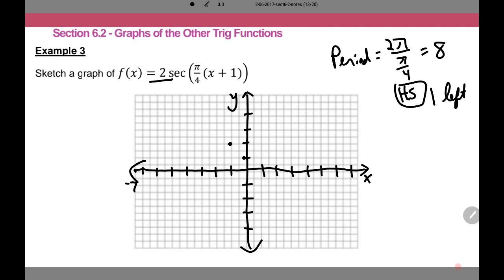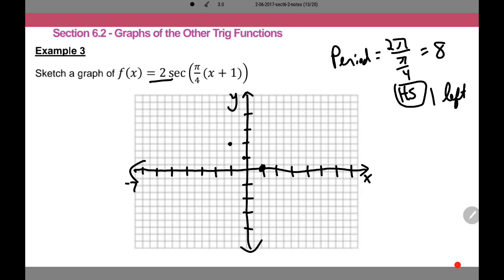Alright, and then when I get to 0, normally I would be at 1. Normally at 1, so since this is stretched out with the other, I'm going to be down here, and then I come back up at 5.